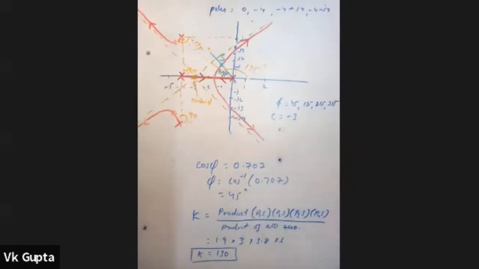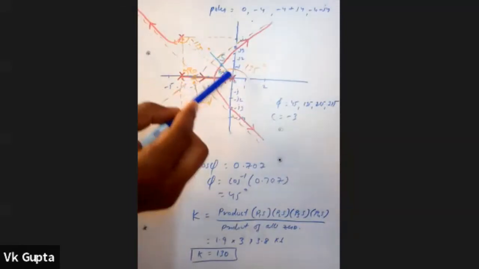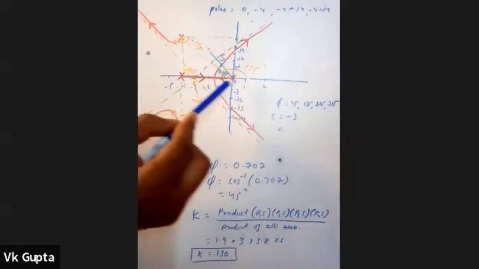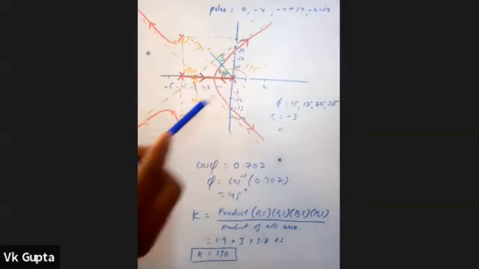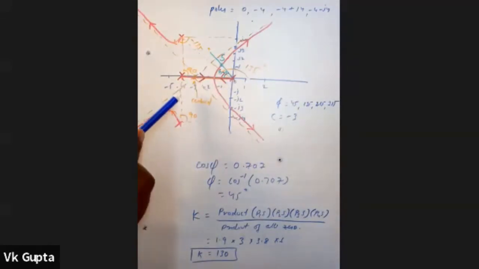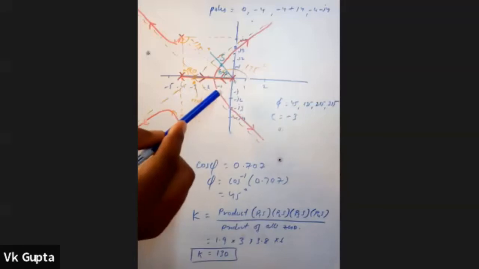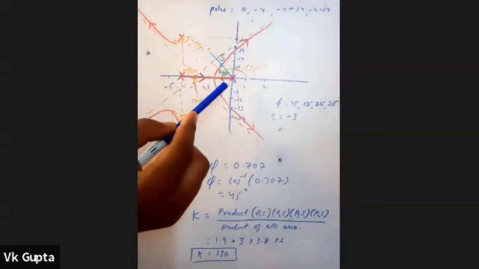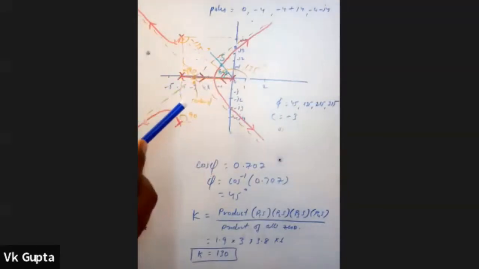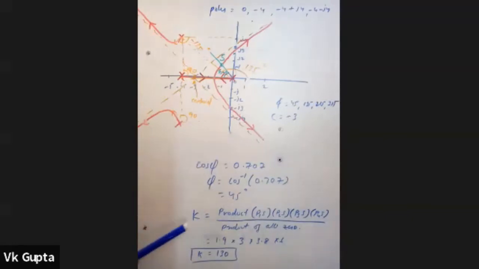Otherwise, the K value will be off. So P1S into P2S into P3S into P4S divided by, if you have zeros, Z1S, Z2S, Z3S. Once you calculate this, you will get the K value. This is rule number 9.